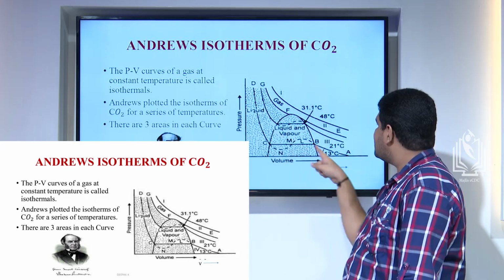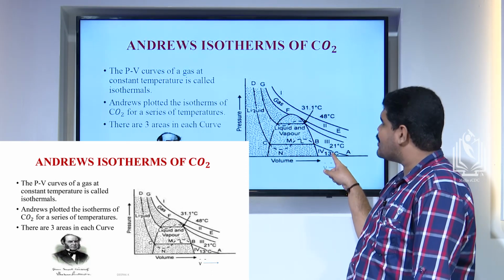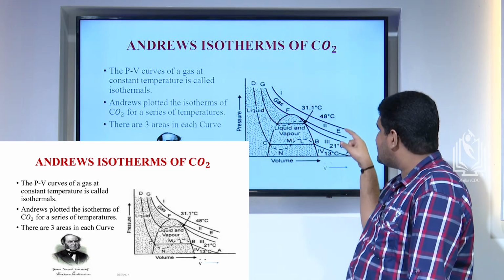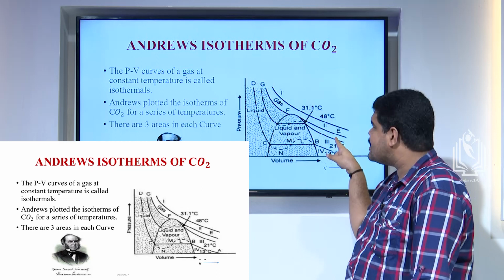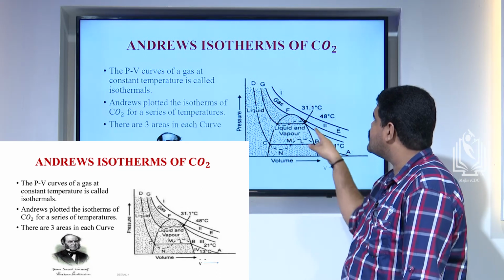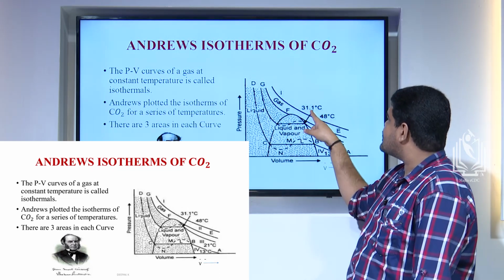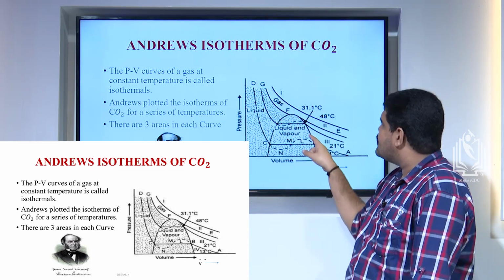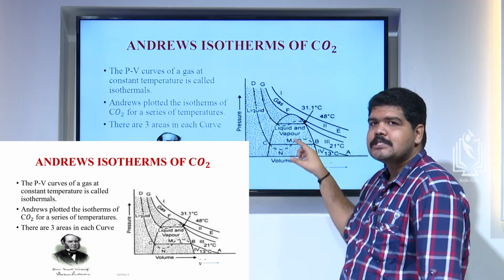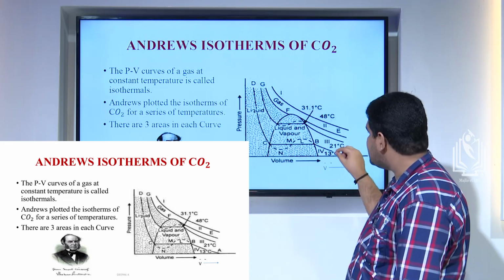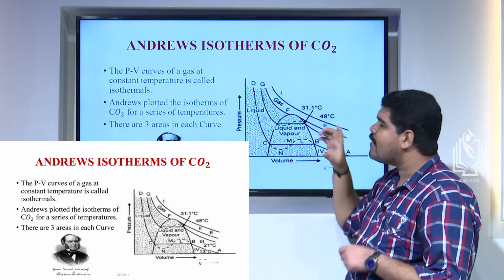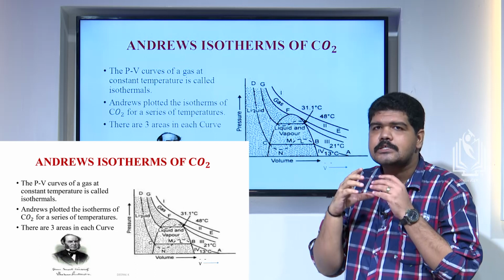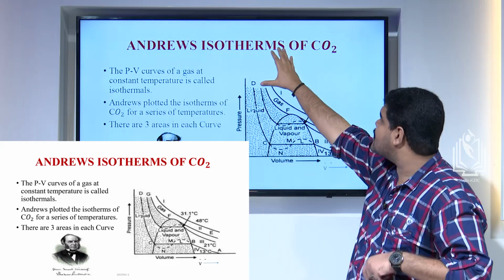He started liquefying the gas at 13 degrees centigrade to give this pressure-volume plot, then increased the temperature to 21 degrees and got a similar graph. When raising the temperature to 31.1 degrees centigrade, the horizontal portion gets diminished. From 13 to 21 to 31.1, the horizontal portion is getting diminished, and this is what Andrews experimented.